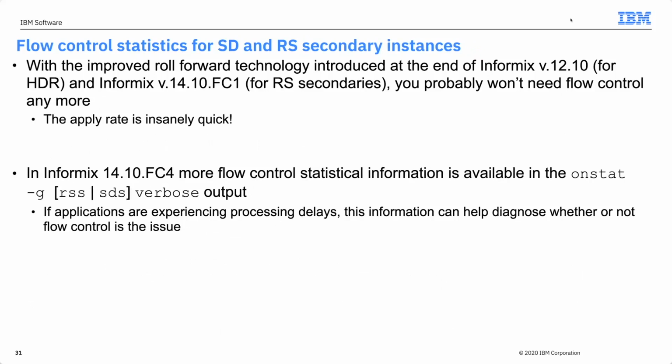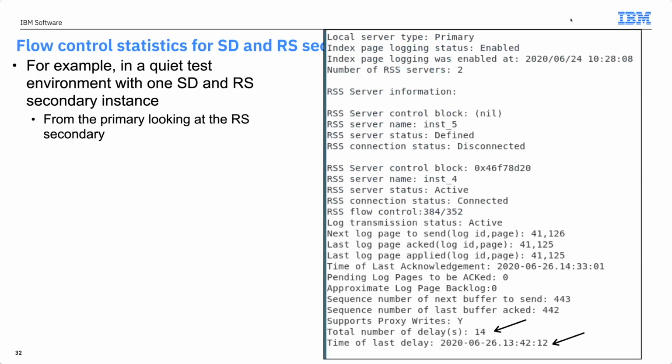We do have this onstat -g rss or shared disk verbose output that shows you, if you are ever concerned whether flow control is affecting processing on your primary, the number of delays and when the last delay was on your primary because of flow control gating of primary processing. Like I said, this should now be extremely rare, if ever, but the onstat command will now show you information about any flow control operations.